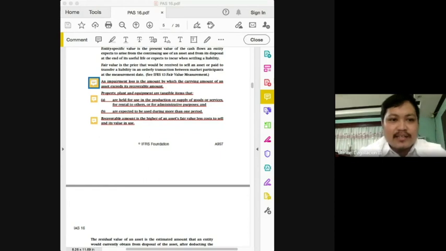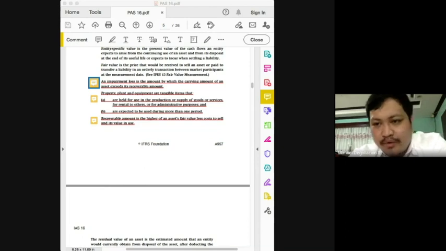And second, class, is that it must be expected to be used for more than one period. It's not enough, class, that it is used for production or supply of goods or services. It is not enough that it is used for rental. It is not enough that it is used for administrative purposes. It must also have a useful life of more than 1 year. It must be expected to be used for more than 1 year.